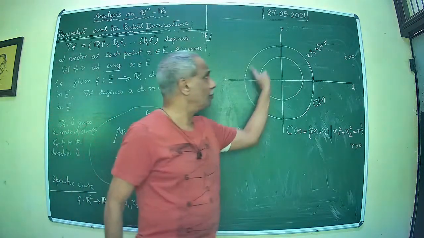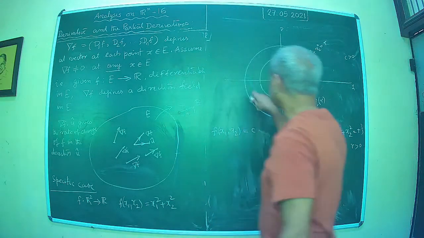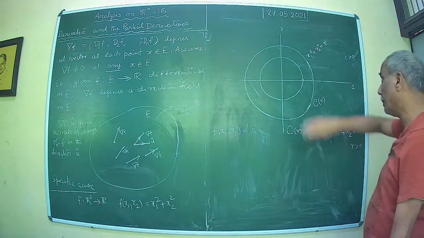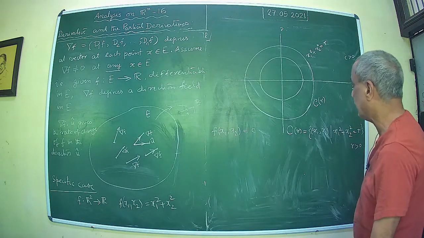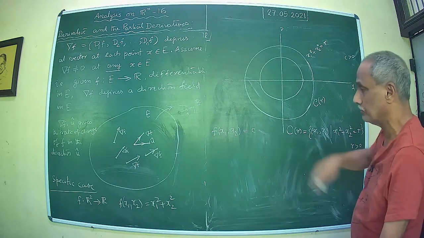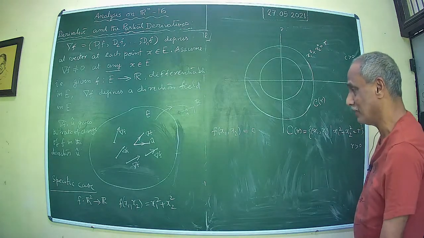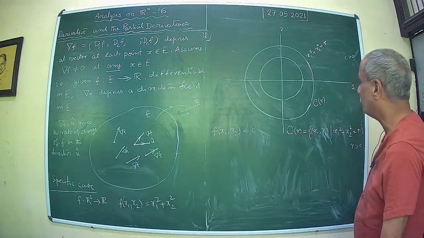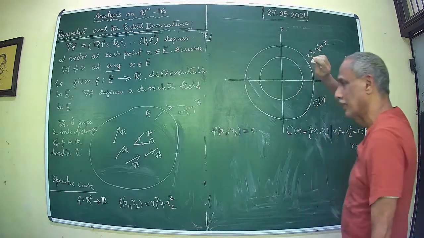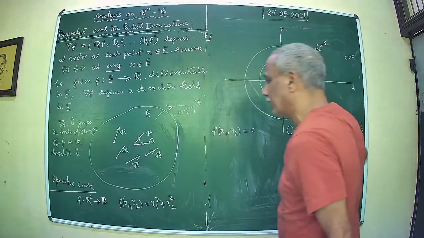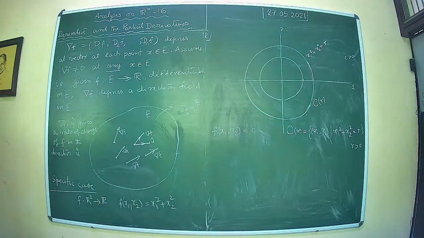Therefore, if you were to walk along this curve, move along this curve, then you don't feel any change of f. It is the same potential that you have. Whereas if you move in some other direction, then you go into another curve and there the f changes, or what you call the potential changes.